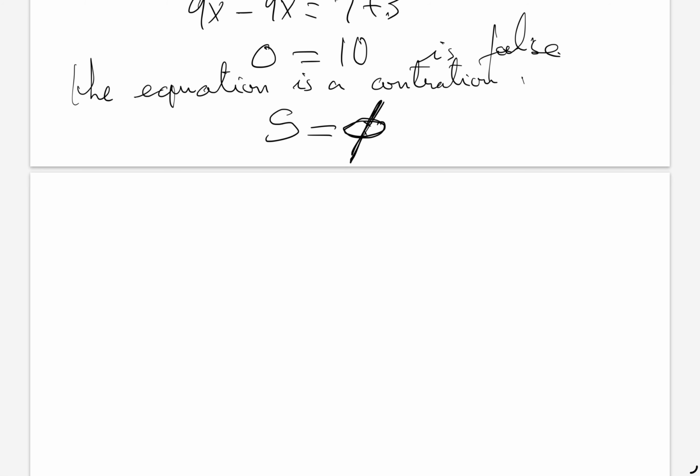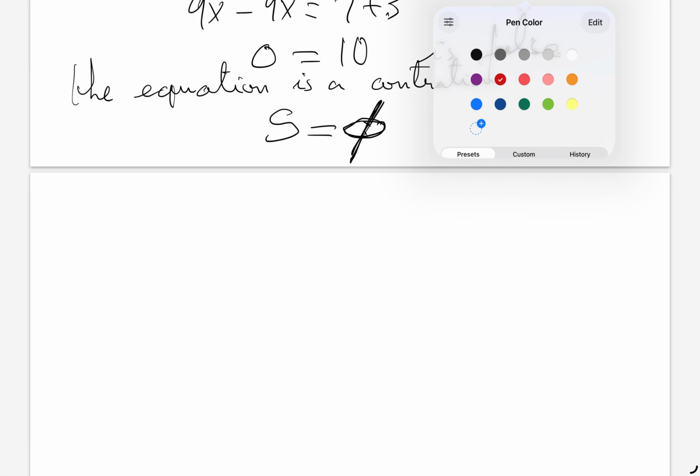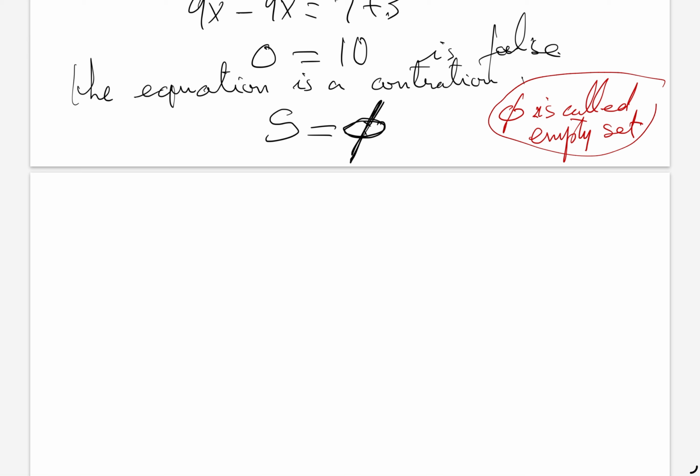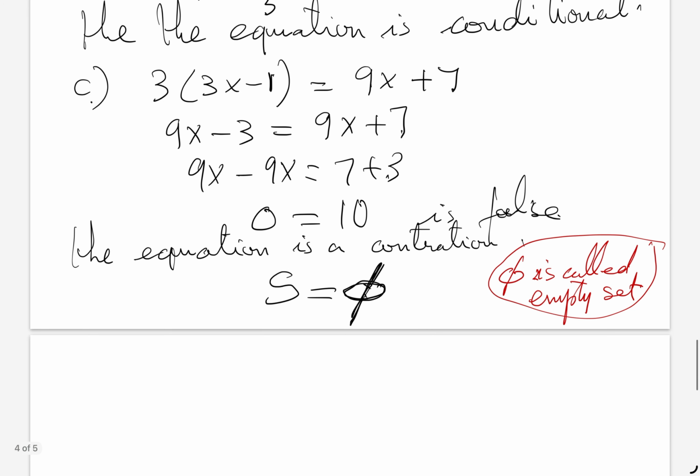This will indicate there is no solution. It's called the empty set. Okay? Just make sure you write it down somewhere. Empty set means there is no solution. Good.